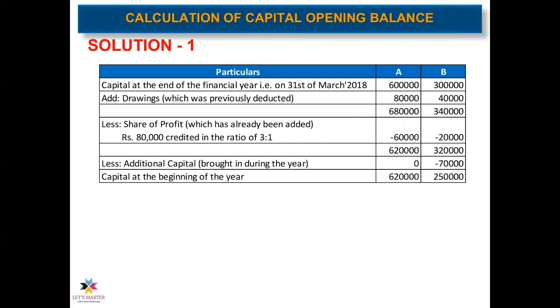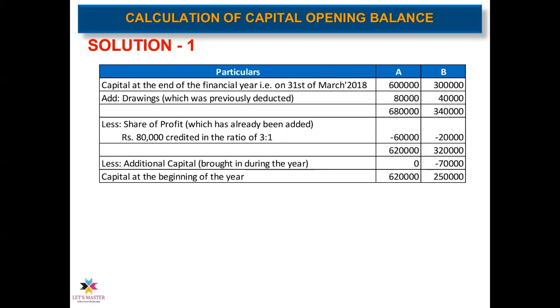First of all, capital at the end of the financial year, that is 31st of March 2018. For A, it is 6 lakhs, and for B, it is 3 lakhs. Now, the drawings we will add, which were previously deducted, that is 80,000 for A and 40,000 for B. Now, we will deduct the amount of profit which has already been credited to partners' capital accounts.